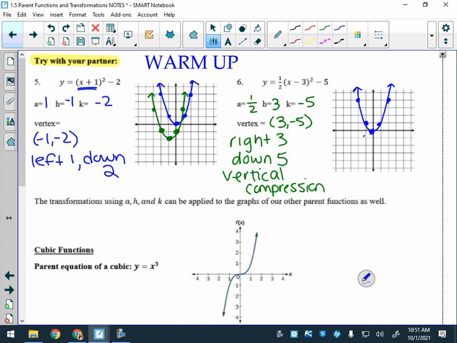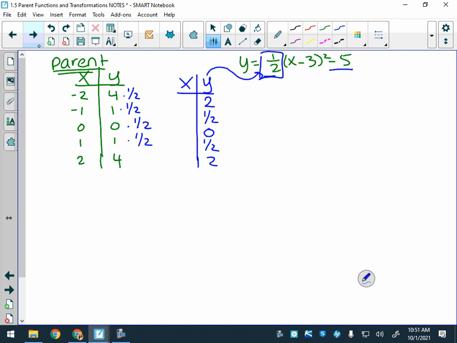Yeah, Julia. You're adding. So if you're moving to the right, add 3 to x. Okay? So what is -2 plus 3? 1. -1 plus 3. 0 plus 3. And then we have 4, and then 5.